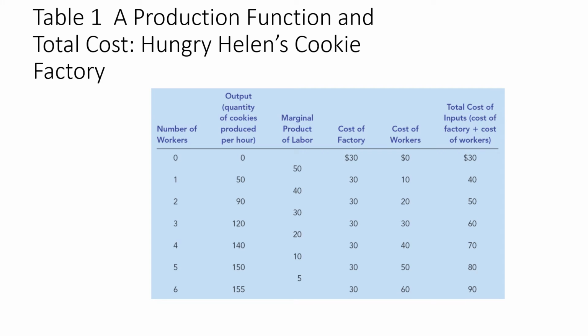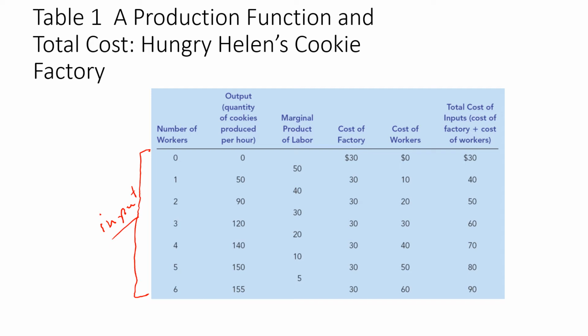Here is a detailed example, a table that can explain what the marginal product is and how it is calculated. In the first column, we have the number of workers, and this is the input. When we increase the labor, the output will change.